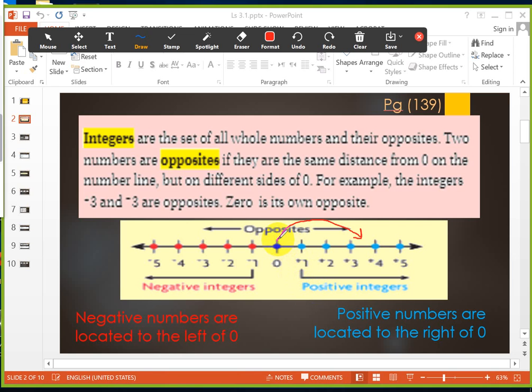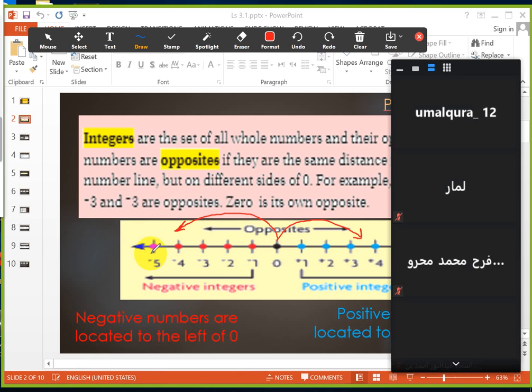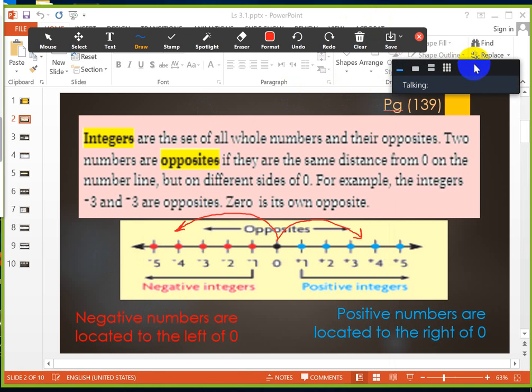And to the left of the zero, I have the negative integers. That means whole numbers with a minus sign before them. So the integer will be according to its location on the number line.